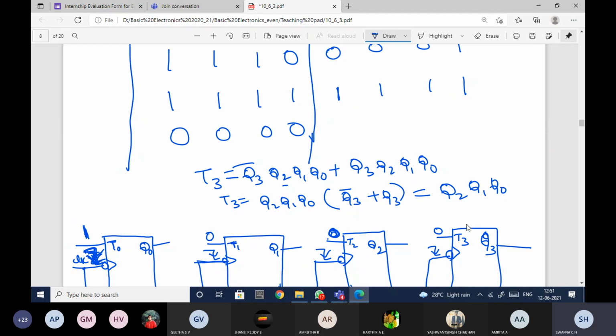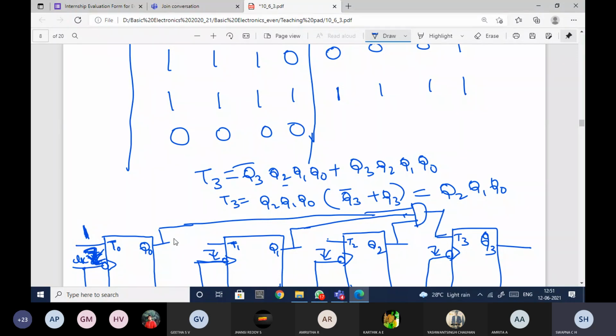So to this T3, I need to give input from Q2, Q1, Q0, in the sense that you take Q2, Q1 and Q0 and perform the AND operation between all these three. So I'll get Q2, Q1, Q0 and give it to T3.